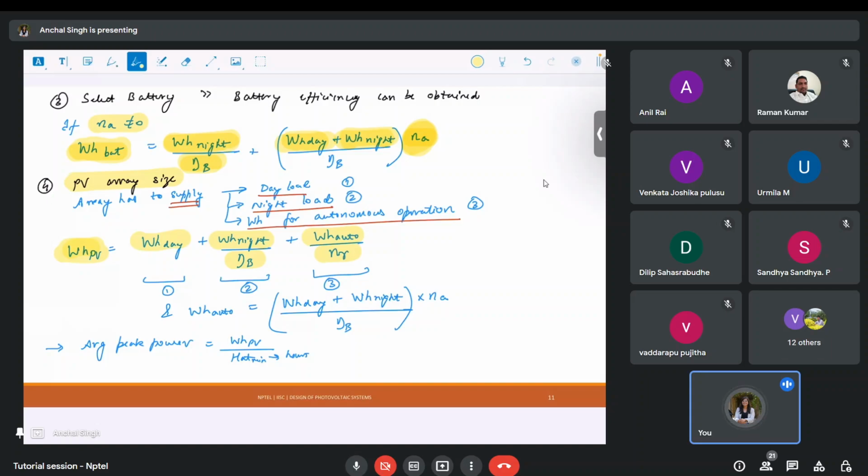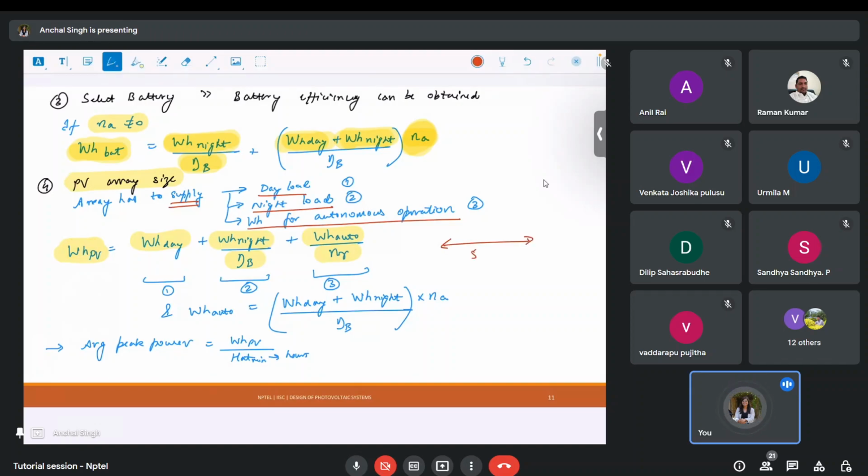If NR is the number of recharge days, then I will be recharging my battery capacity of WH auto throughout NR days. So during one day, how much energy do I need is WH auto by NR.